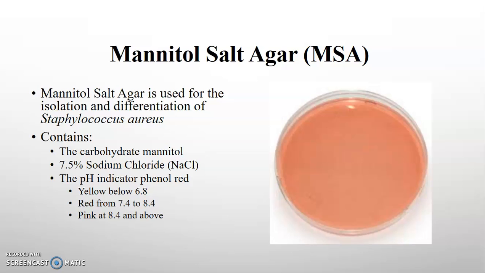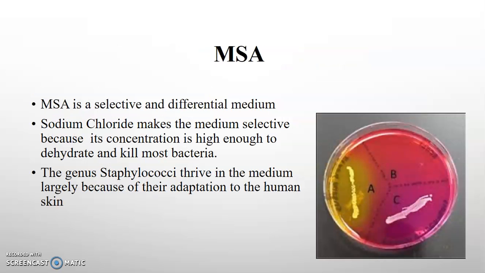If the pH would actually increase slightly, then that would cause the color to turn a bright pink color. And we'll see examples of this in a second. But this plate does have a pH indicator called phenol red that allows the plate to change colors depending on what the pH of the plate becomes.